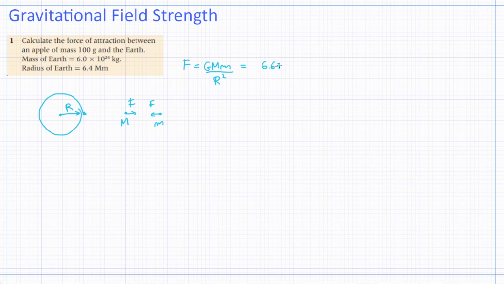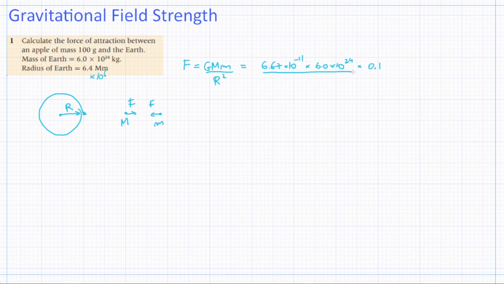So 6.67 times 10 to the power negative 11 times our large mass, which is 6 times 10 to the power of 24 kilograms. Everything is in SI units. This radius, I'll just write as 10 to the power of 6 meters, because it's in mega. Our small mass here is 0.1 kilograms.